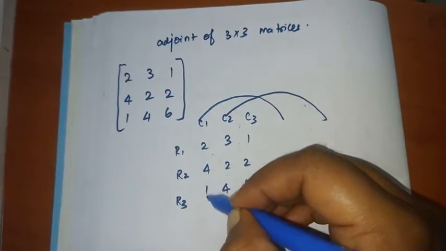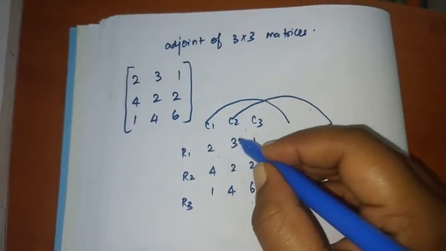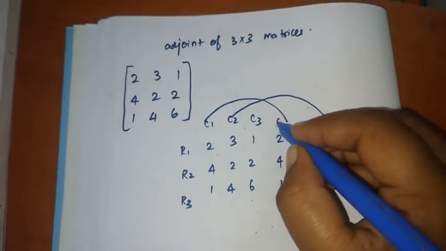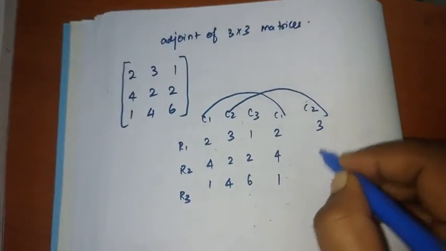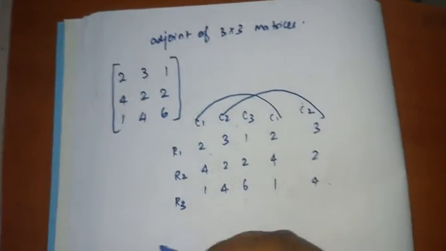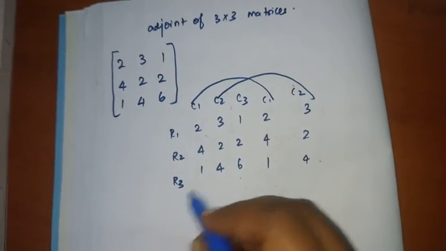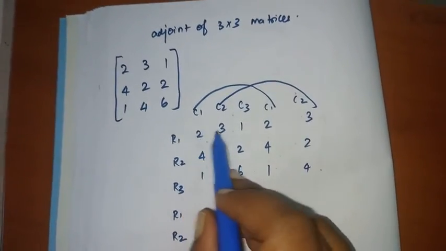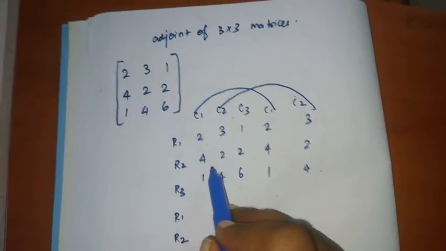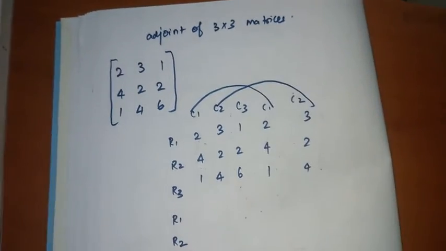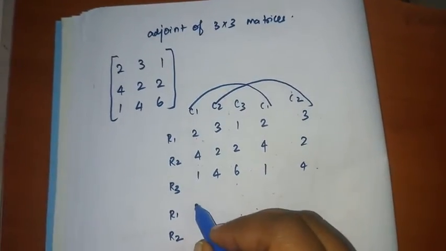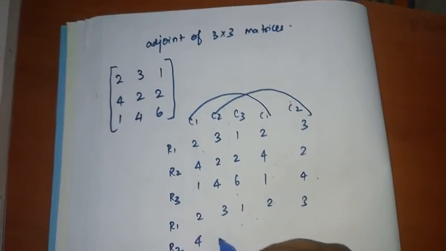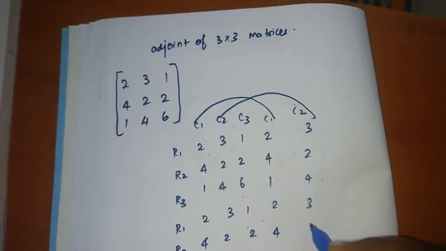The column 1 elements are 2, 4, 1, and column 2 is 3, 2, 4. After that, step 2 is to write row 1 and row 2 again. Row 1 is 2, 3, 1, 2, 3. Row 2 is 4, 2, 2, 4, 3.